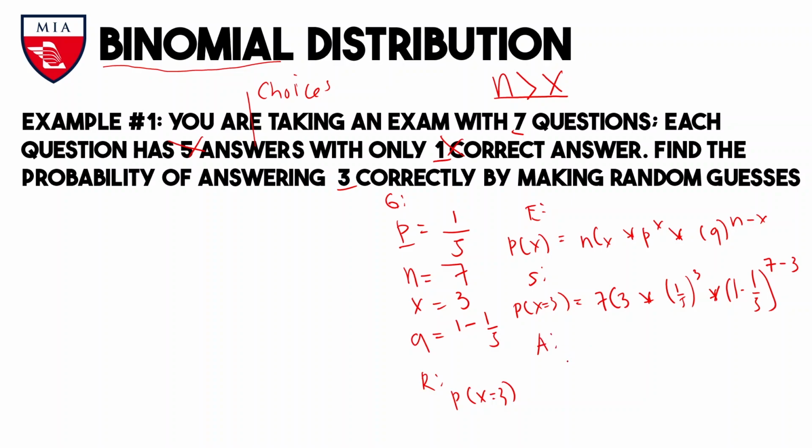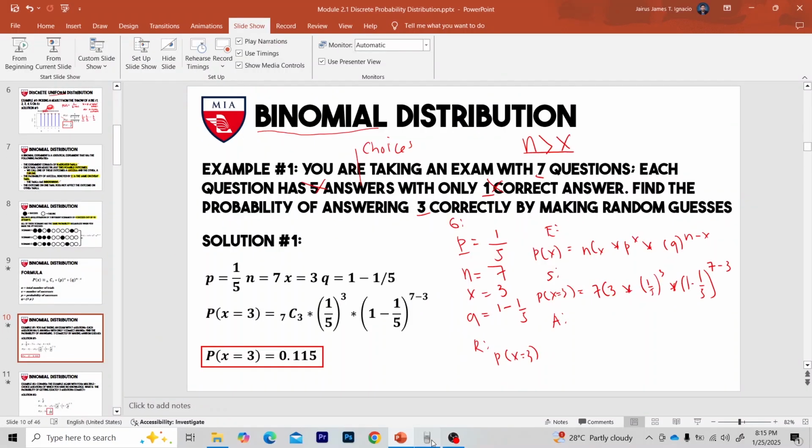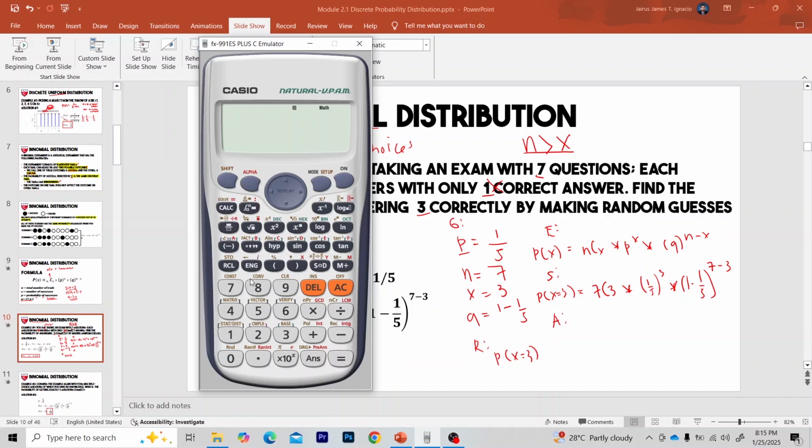For the answer, let's use a calculator to solve it. I show my calculator here. We have 7, shift, combination C, 3, times 1 over 5 raised to 3, multiplied by 1 minus 1 over 5 raised to 7 minus 3.